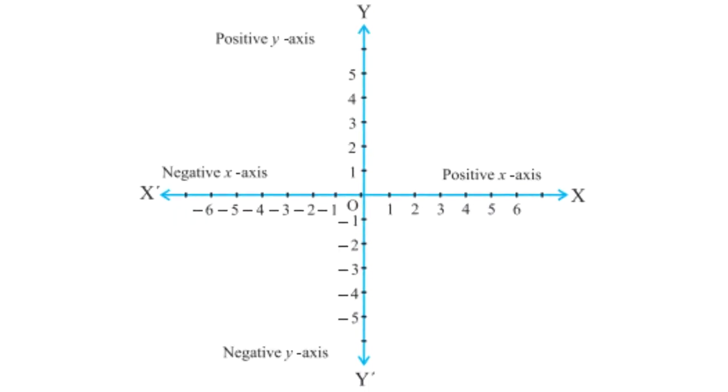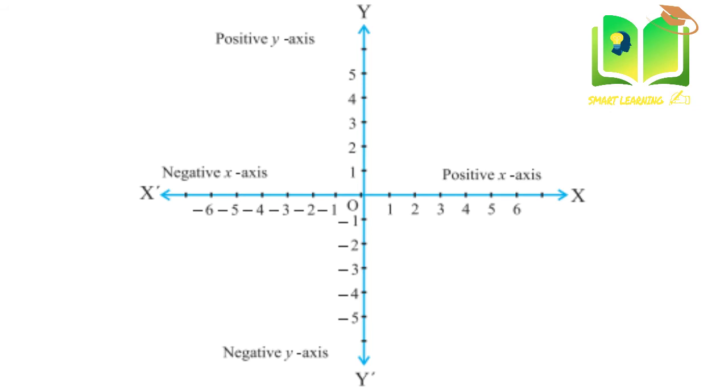Now combine both the lines in such a way that the two lines cross each other at their zeros or origins. The horizontal line x dash x is called the x-axis and the vertical line y dash y is called the y-axis.